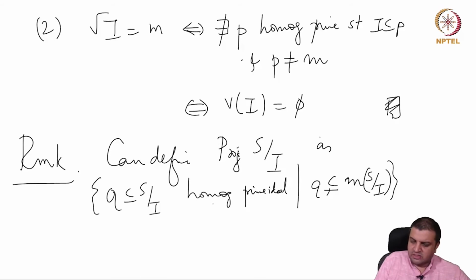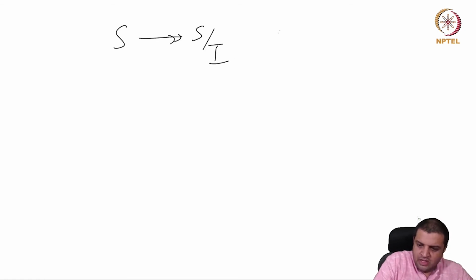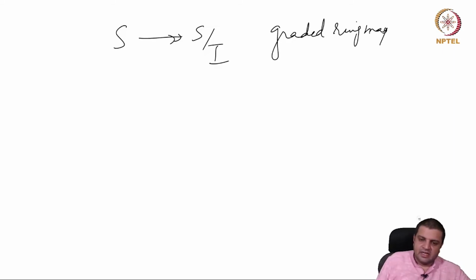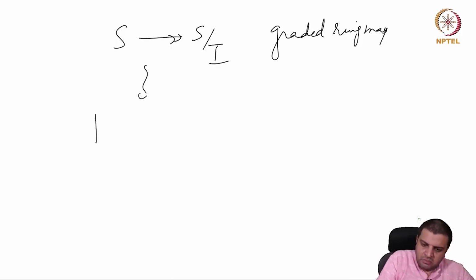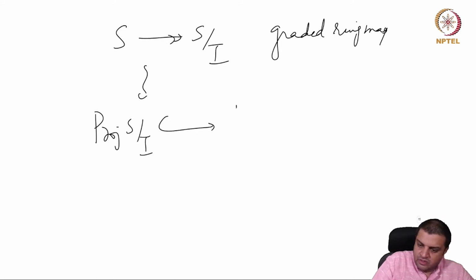So you can take this, and just as we did for Spec, we notice that S surjects onto S/I. This is a graded ring map, preserving degree, etc. Then this gives Proj of S/I inside Proj of S, and the image is exactly what we defined as V(I).